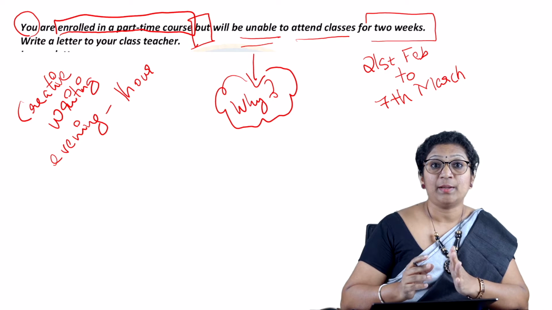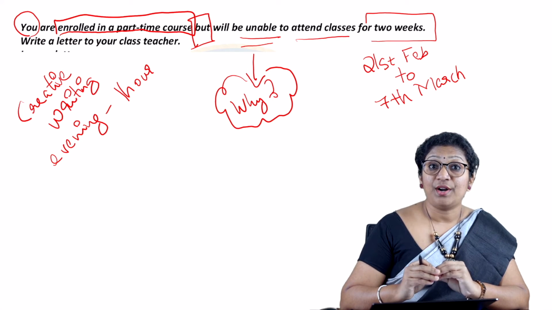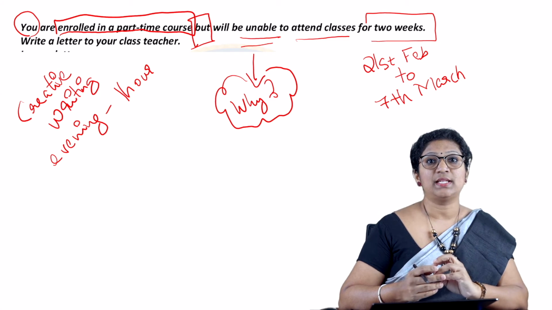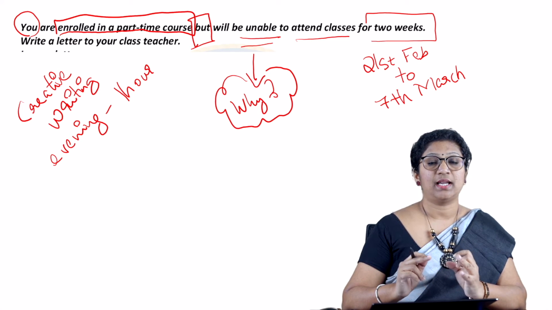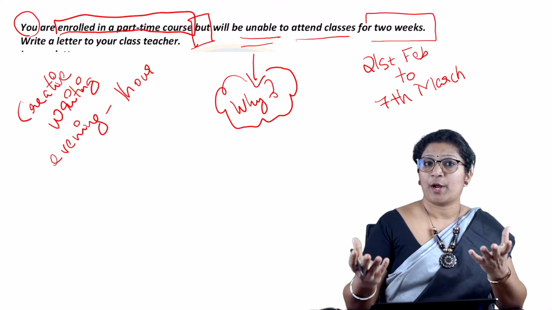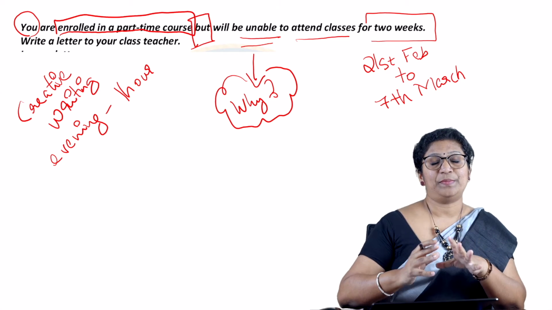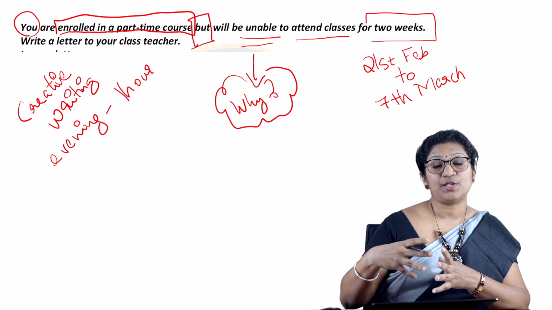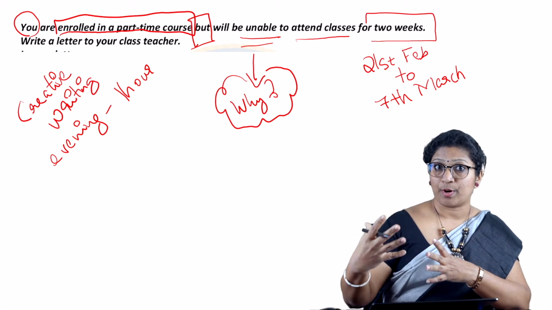So being unable to attend for 2 weeks is quite a long duration. If it's 1 day, you can say meeting, or you can say an appointment with the doctor, but for 2 weeks, it cannot be an appointment with the doctor, right? So it should be something which takes you to a far off place, or really needs you to be engaged in some kind of important work.